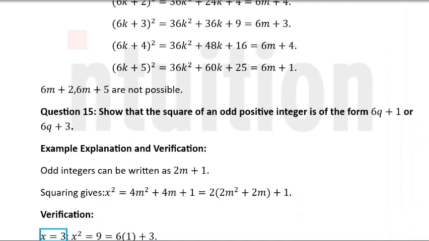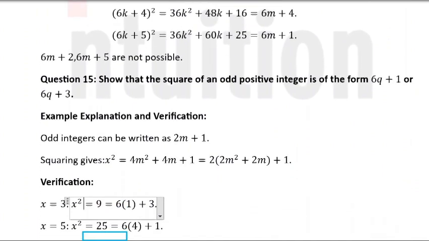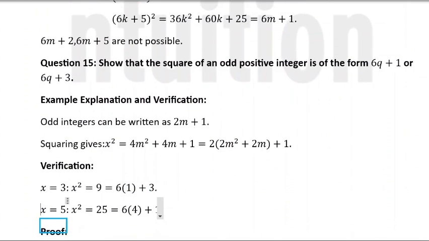Verification. X equals 3. X squared equals 9 equals 6(1) plus 3. X equals 5. X squared equals 25 equals 6(4) plus 1.